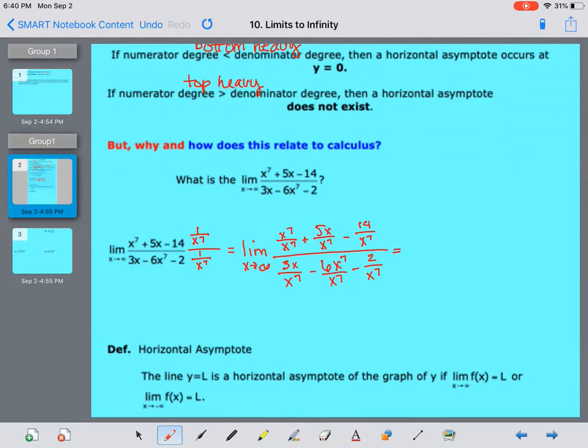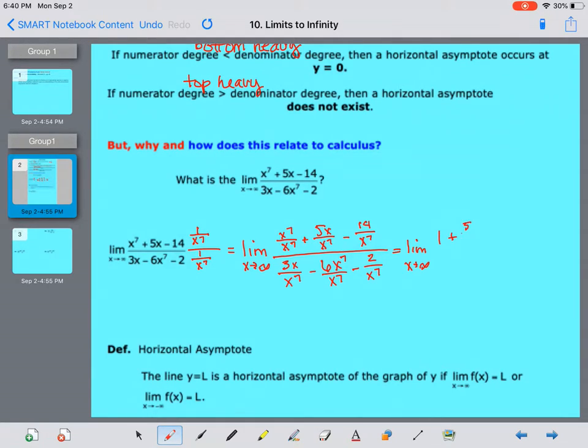Now you might be thinking, why am I doing this? What I'm trying to do is isolate that highest term, divide it out and get it out of the way, and I'm doing that through that division. So I'm going to simplify this really quickly. In our numerator, we'll get 1, because x to the 7th over x to the 7th gives us 1.